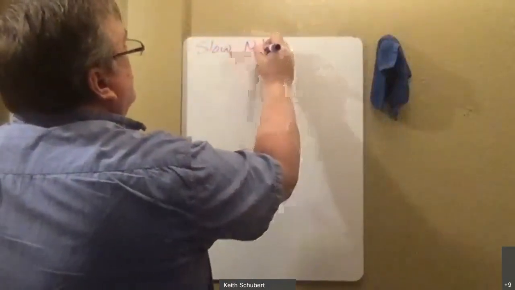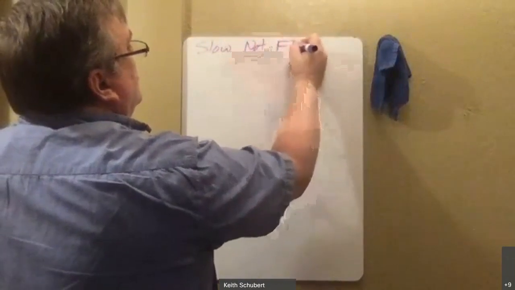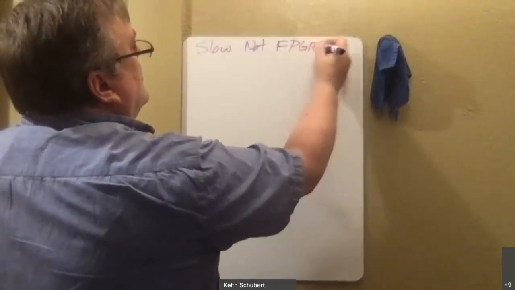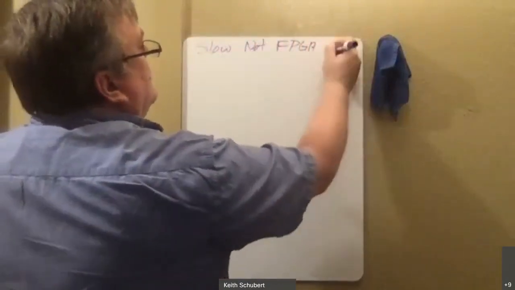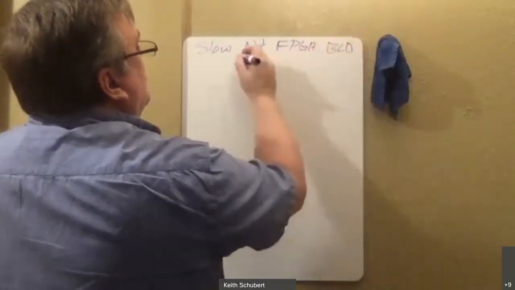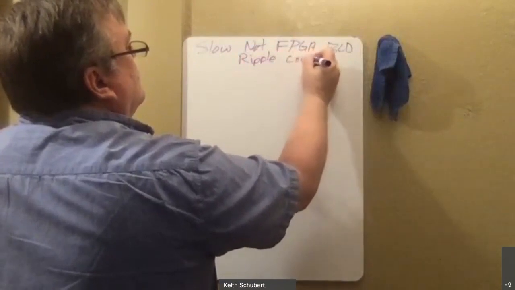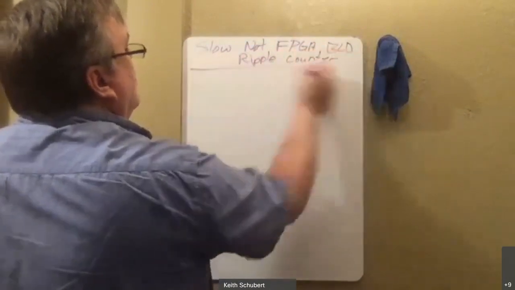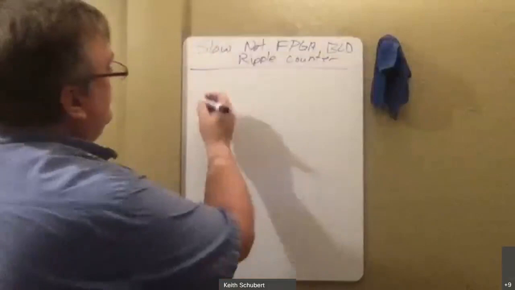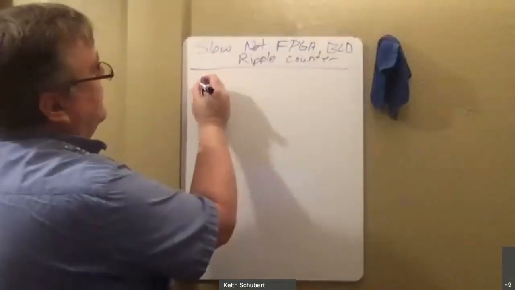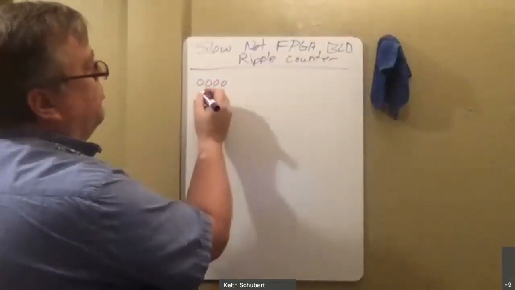Slow, not FPGA, BCD ripple counter. All right. The idea of a BCD counter, we need 4 digits.